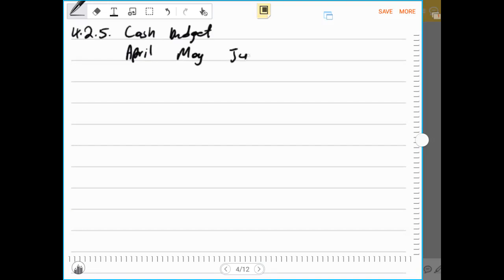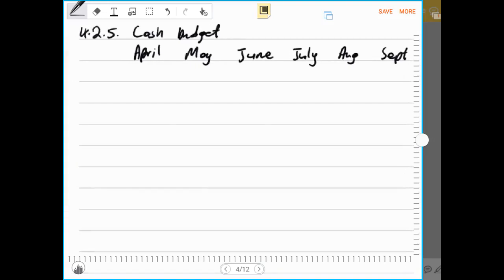May, June, July, August, and September. We record the inflows of cash. With regard to the inflow of cash, now we have to record all the cash that we knew came into the business.